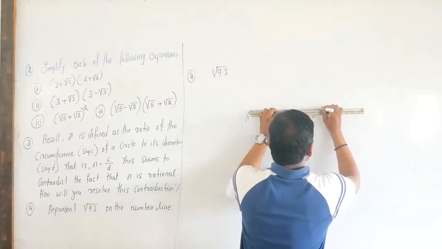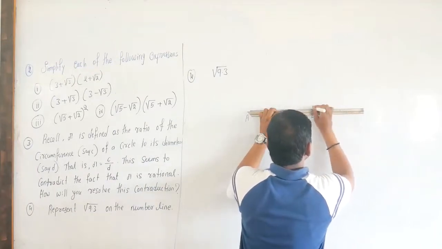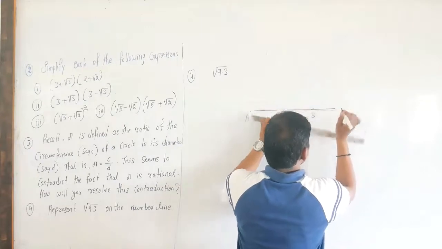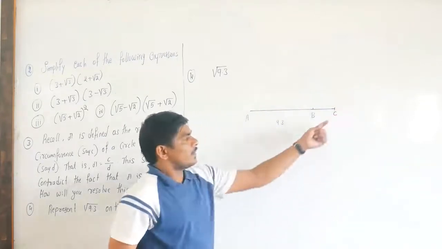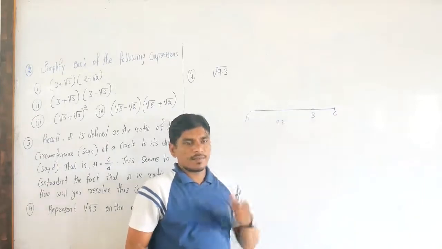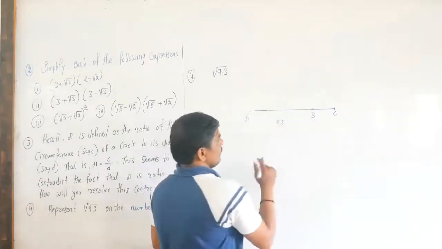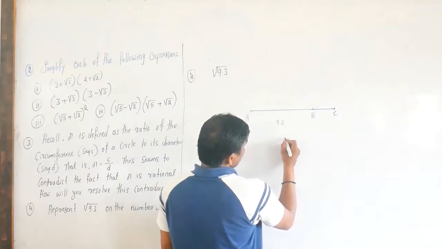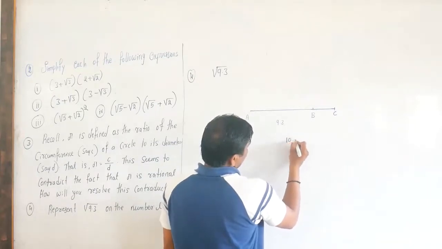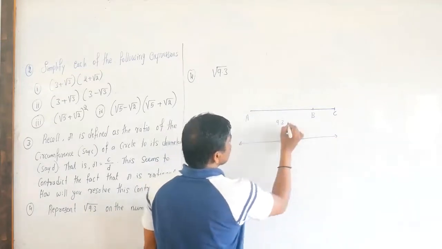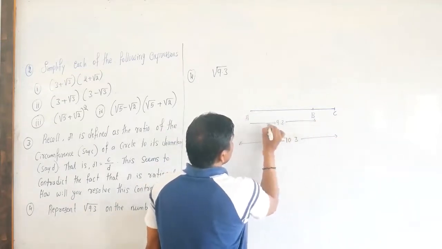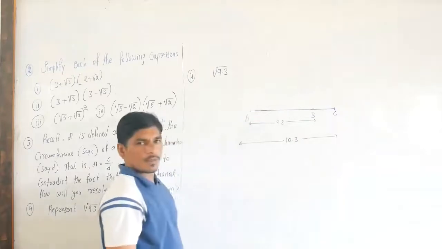The end point we consider as C, and the total length is 10.3, while the AB length is 9.3.